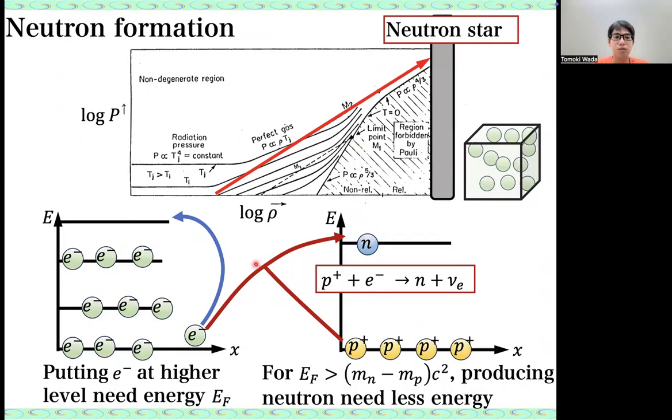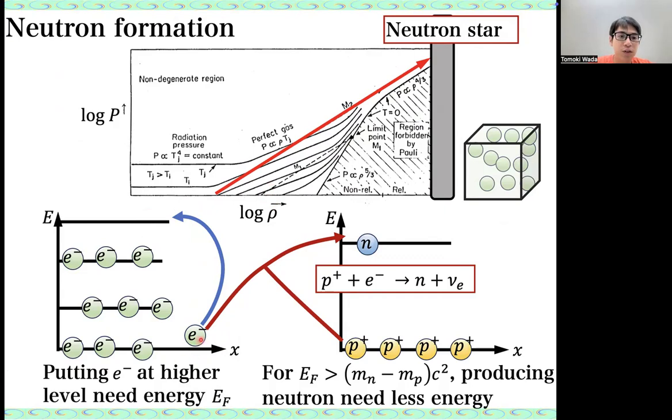As I mentioned, when electron gas is compressed, the electron at this point should move to different positions for a high energy state. It means a high pressure state, a high momentum state, from here to here.